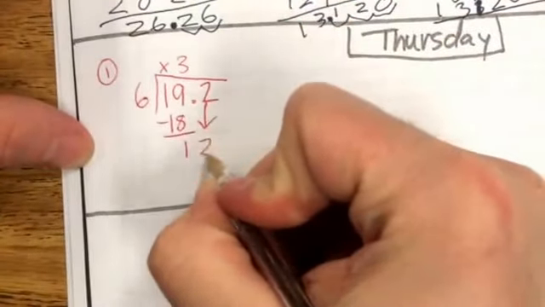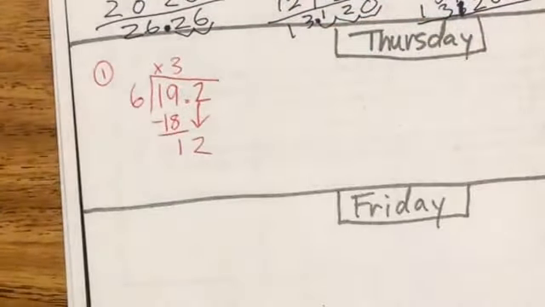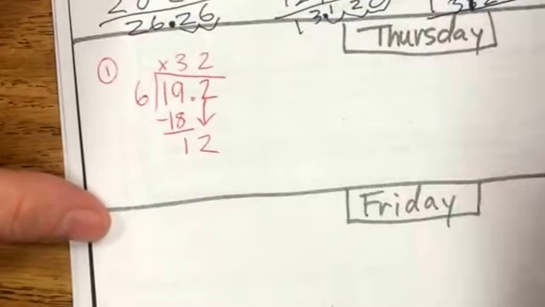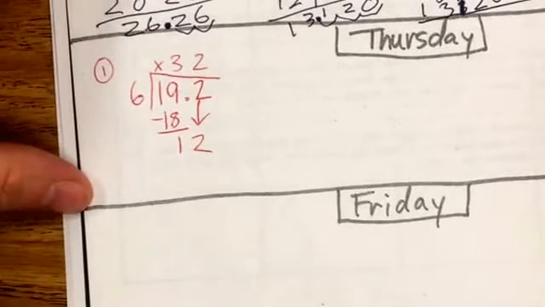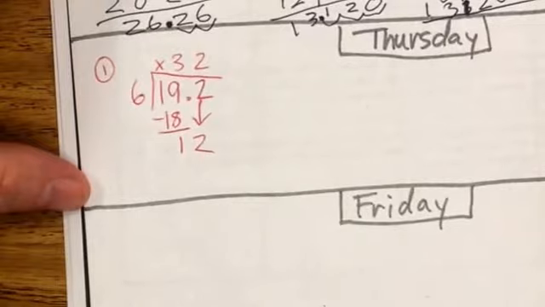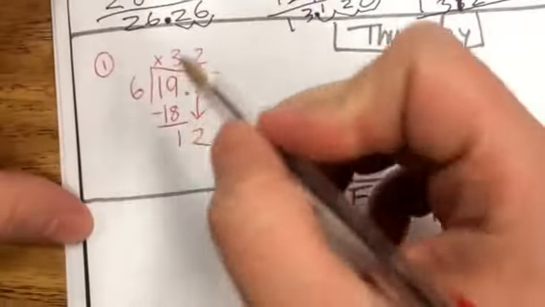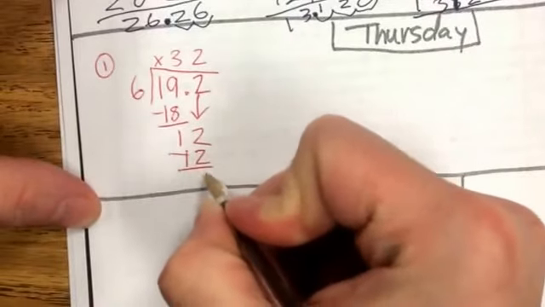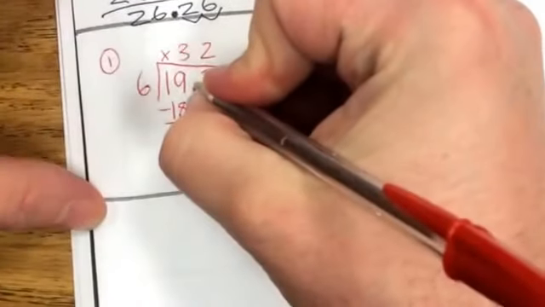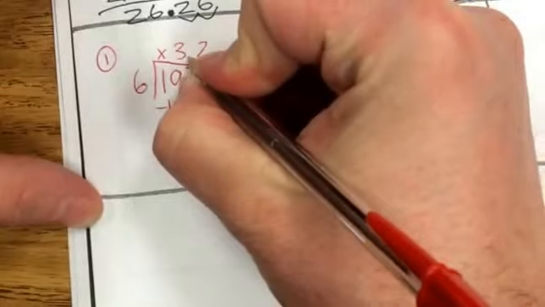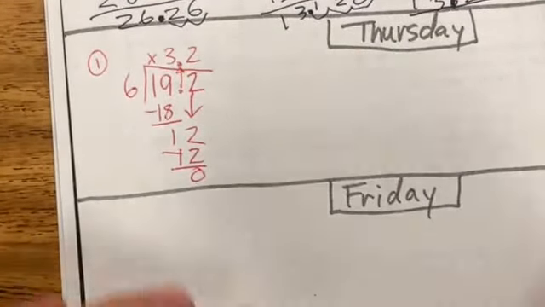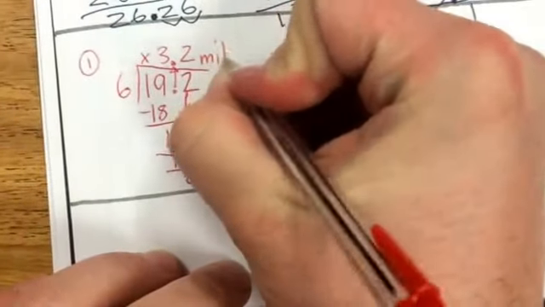Pull down your 2 here. 6 can go into 12 2 times. Miss Garner's making a cameo in our video here, guys. So 6 can go into 12 2 times. 12 minus 12 is 0. And then I pull my decimal up into my answer, and I can see that each race was 3 2/10 miles.